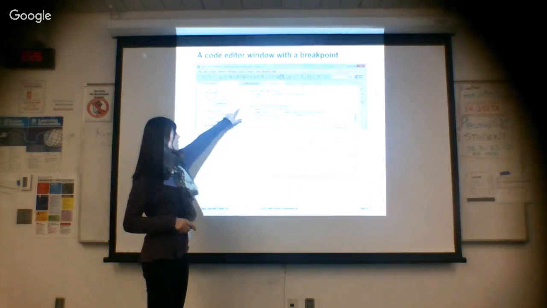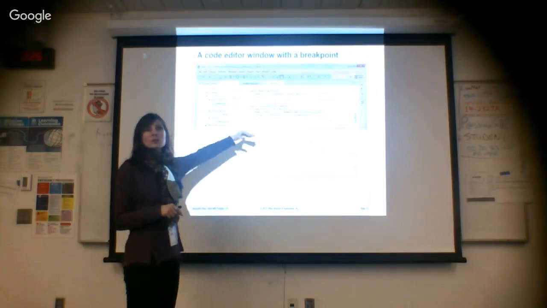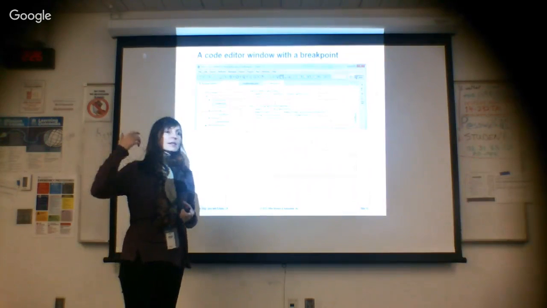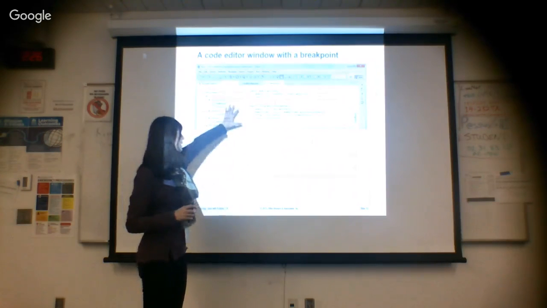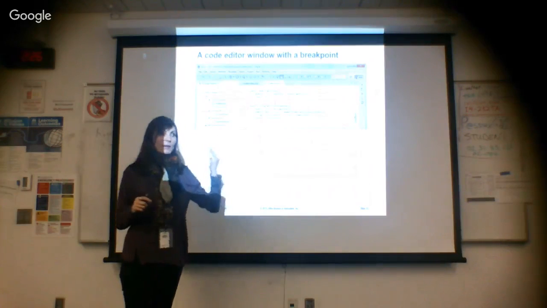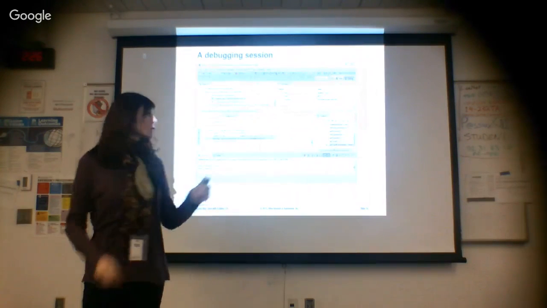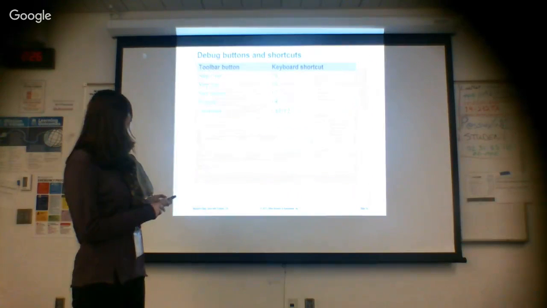If you set a breakpoint, which is this little blue dot here, that's where the execution is going to stop. And the debugger is going to allow you to take a look at the values of your variables on the line where the breakpoint was set, instead of after everything ran. So that's one thing we're going to do. And then you can look at values of the variables.